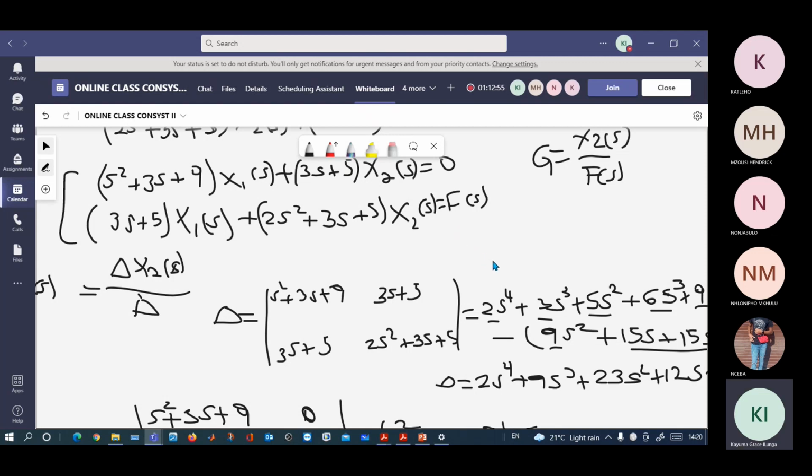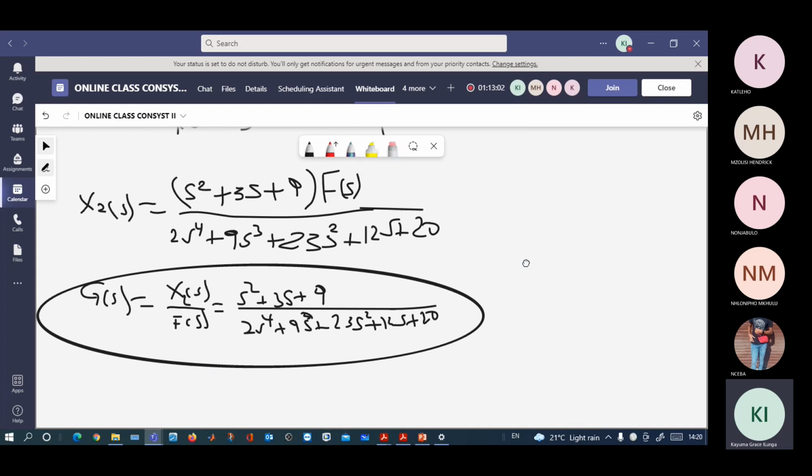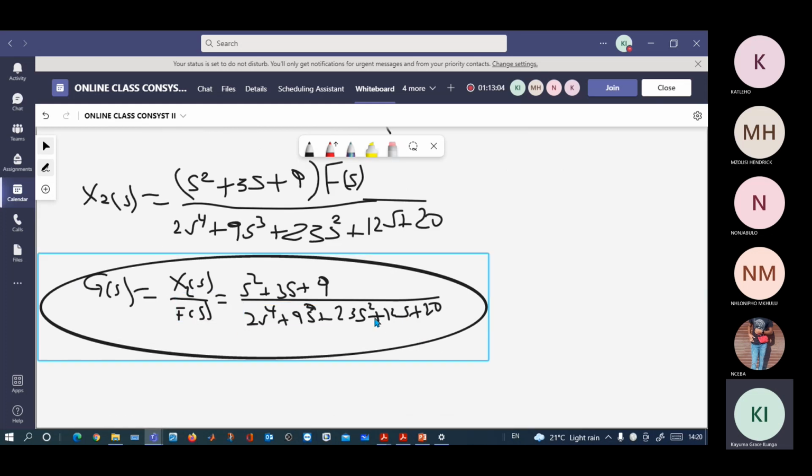So it doesn't necessarily mean that this one is equal to this one. No, it doesn't mean that. I think you get it. This is the ratio. I'm not taking the delta of Cramer's rule. So what you need to understand is why did I use the delta?